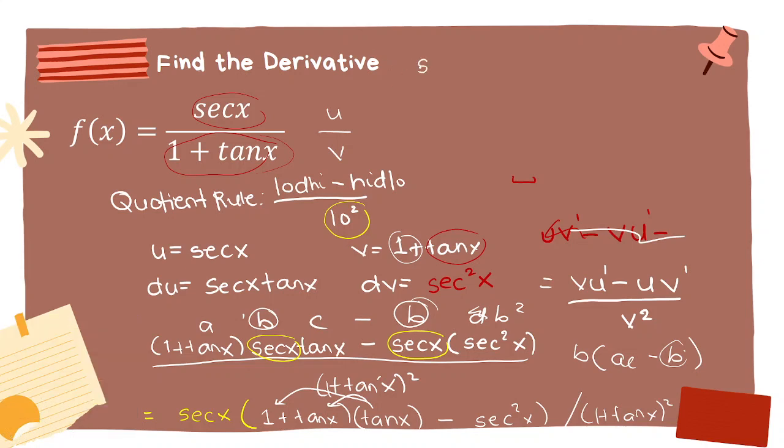Si sec x daw, tapos 1 plus tan x, tapos tan x minus sec squared x. Ay, sec x na lang natitira. Bakit sec x na lang, Mr. Yaya? Kasi pag pinactor out ko si sec x, mababawasan ng isang sec x to, over 1 plus tan x squared.